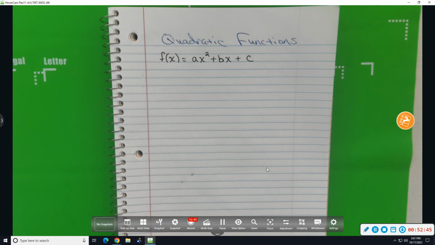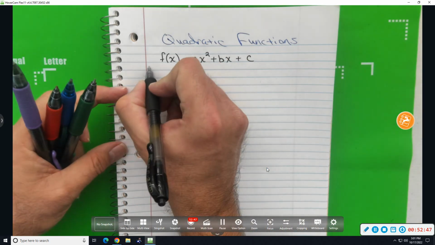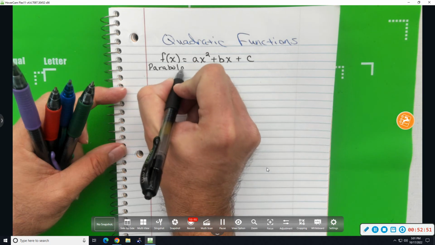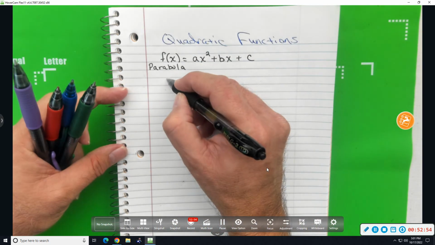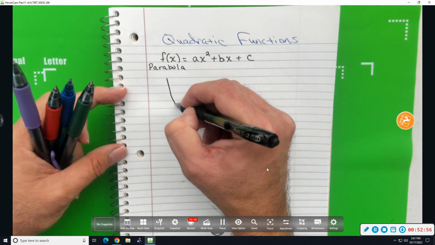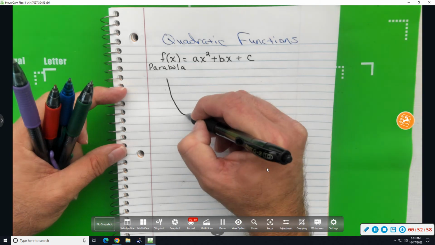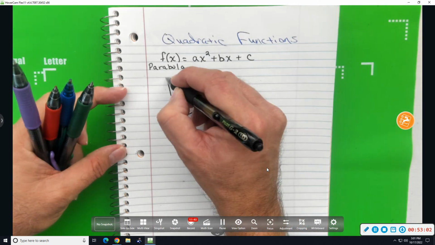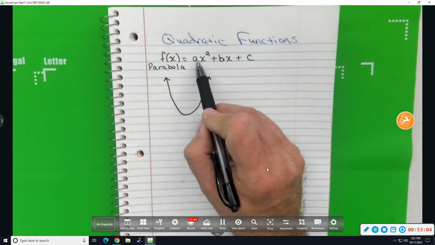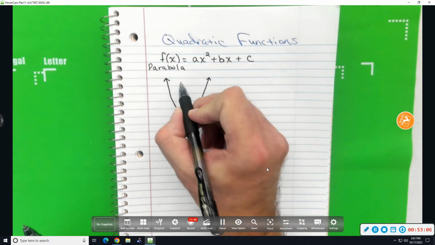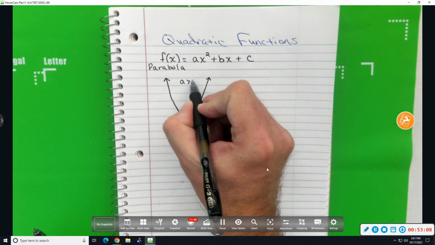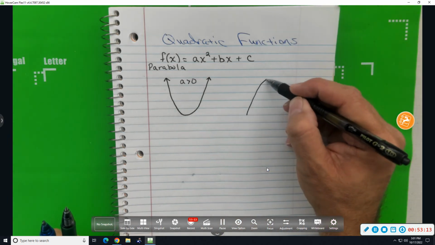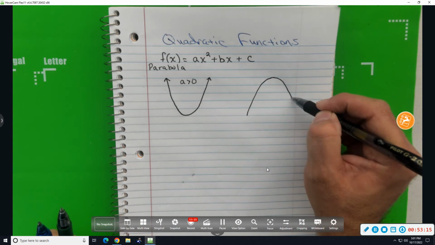And the graph of this type of function is called a parabola. It's a U-shaped figure that opens up if the number a is positive. So if a is positive, it opens up. If a is negative, the graph opens down.